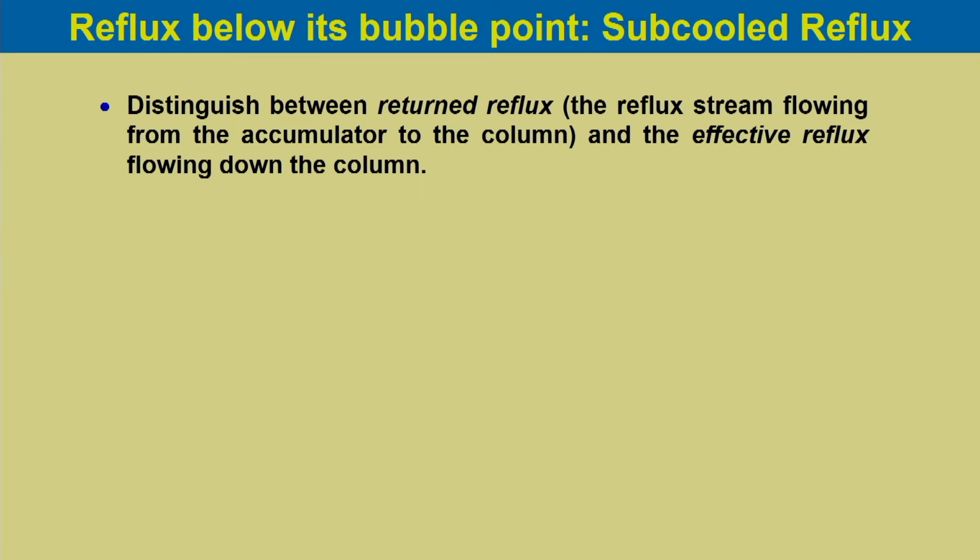Distinguish between the return reflux, the reflux stream flowing from the accumulator to the column, and the effective reflux flowing down the column. If you think about the distillation column, vapor comes from the top tray, named tray 1, and goes to the condenser, which condenses the vapor into liquid form.